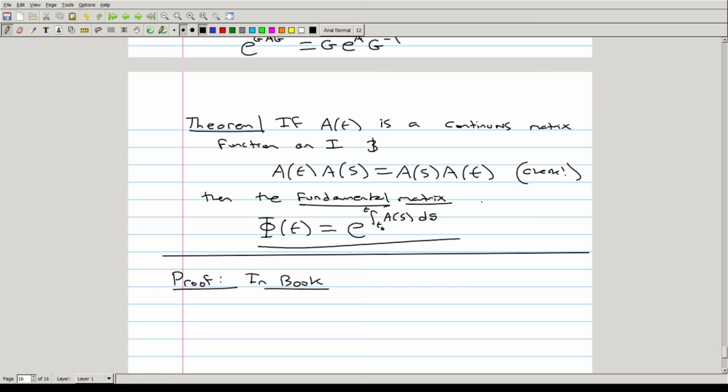This is the fundamental matrix to the problem xi h prime is equal to A of t xi h, or more generally, xi prime is equal to A of t xi plus B of t.